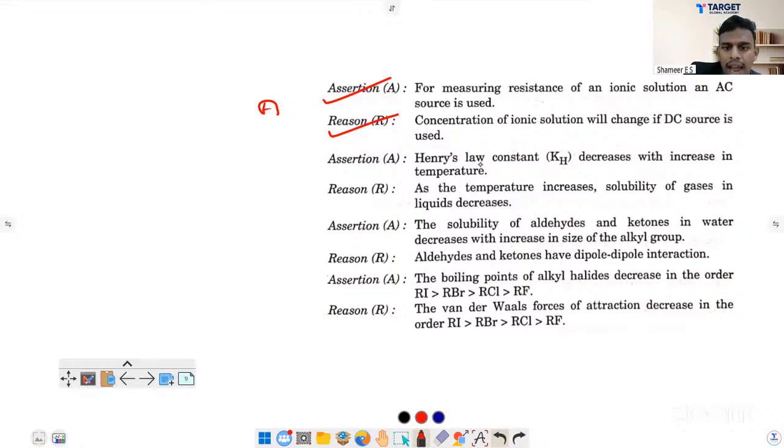Okay. Henry's law constant decreases with increase in temperature. As I told you in the solutions chapter, the pressure is equal to Kh into chi. Kh is equal to pressure by solubility. So Henry's constant and solubility are inversely proportional. Temperature and solubility are inversely proportional.